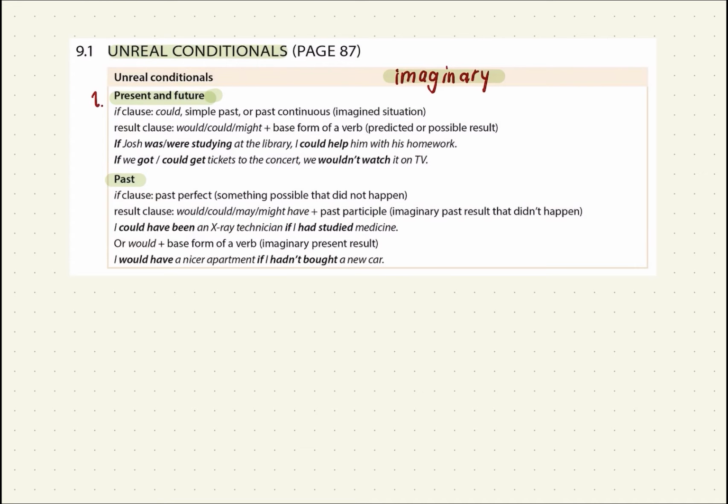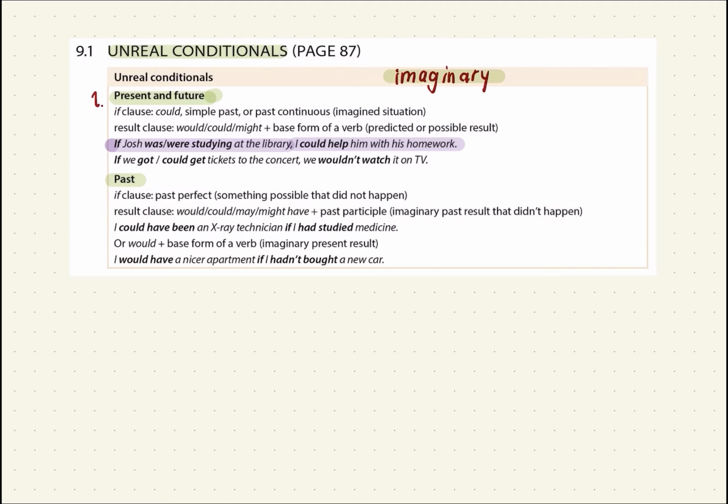Here are some examples. If George was or were studying at the library, I could help him with his homework. This is just imagination because actually George isn't in the library. He is not in the library now. He is somewhere else.